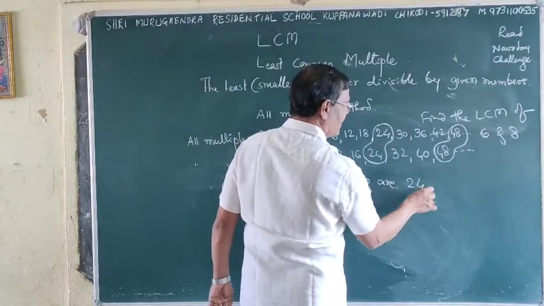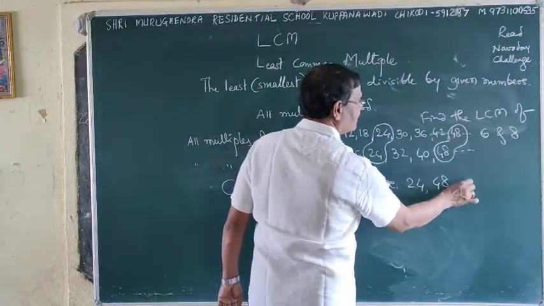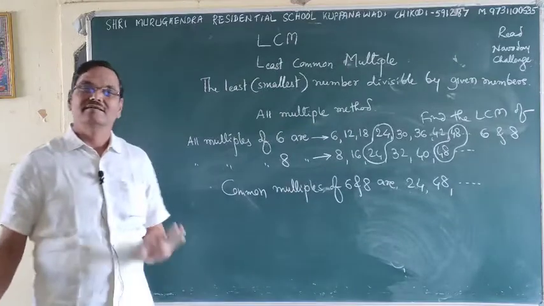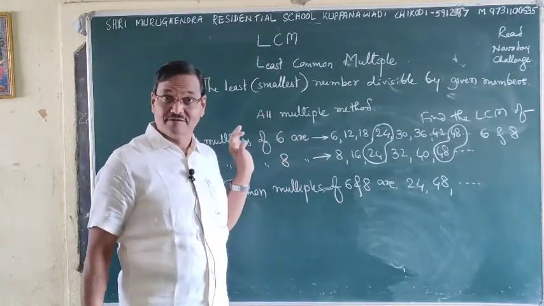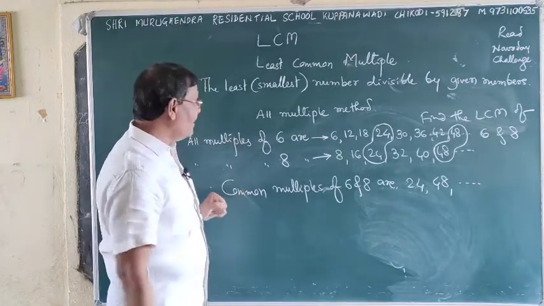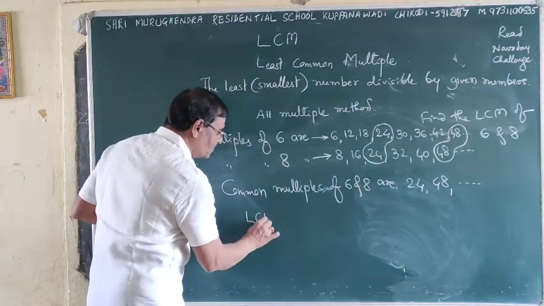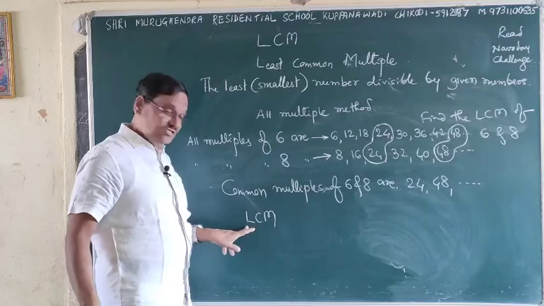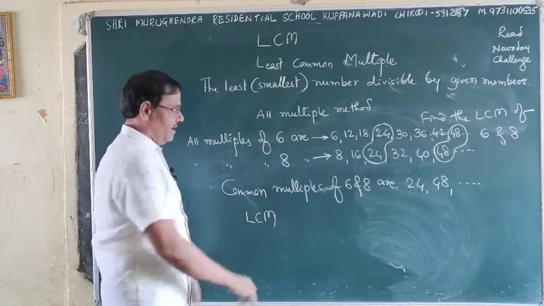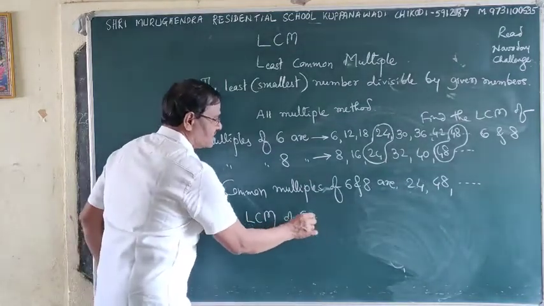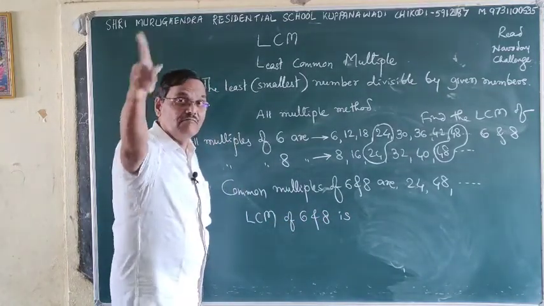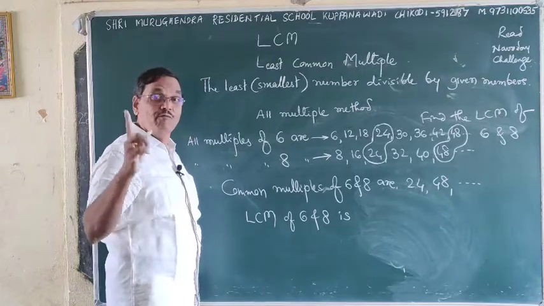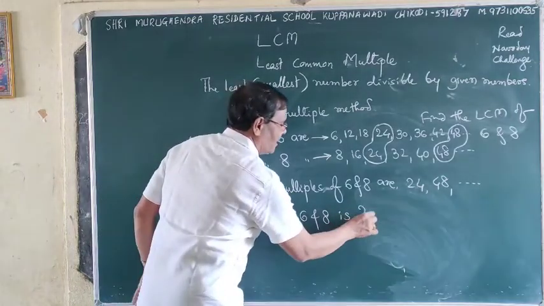24 and 48 and so on are common multiples, isn't it? Then the LCM, the least common multiple of 6 and 8, is 1 and only 1, that is 24.